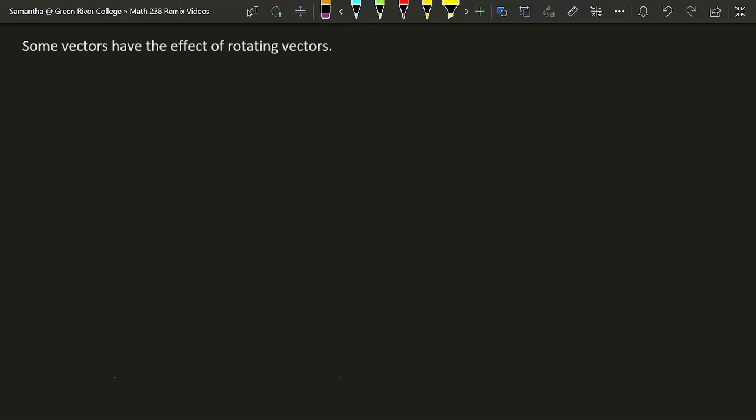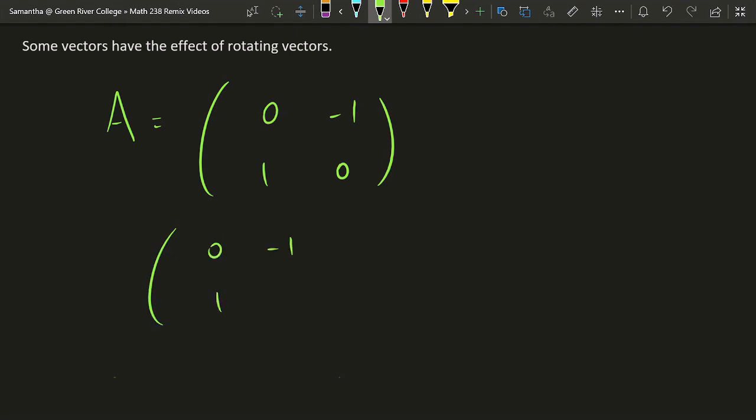Now, other matrices have other effects on vectors. For example, consider the following matrix: A equals [0, -1; 1, 0]. Let's see what happens if we apply that matrix to the vector 1, 0.